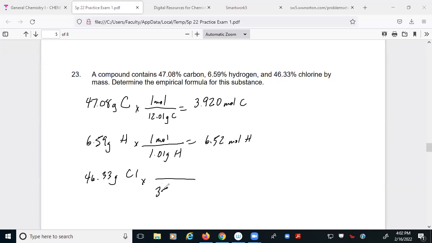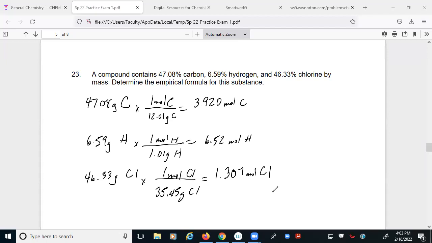Chlorine, 35.45 grams in every mole. So 46.33 divided by 35.45, 1.307 moles of chlorine.